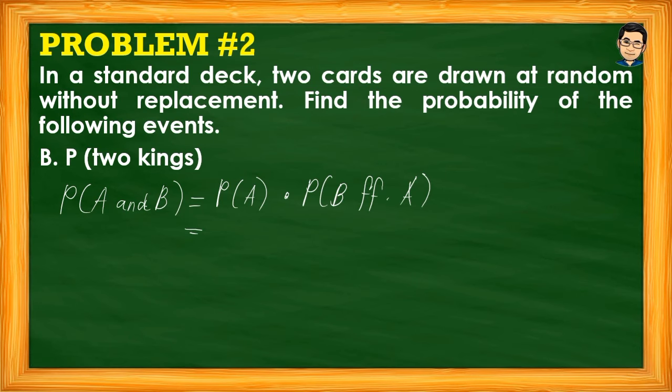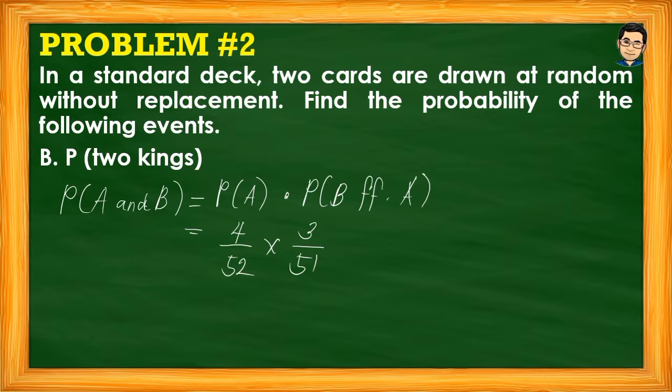So, sa una muna, we have 4 over 52. And then, on the second row, so since parehong kings nga yan, so, on the second row, magiging 3 over 51 na po yan. Ayan. So, mababawasan yung number of kings. So, 4, naging 3.